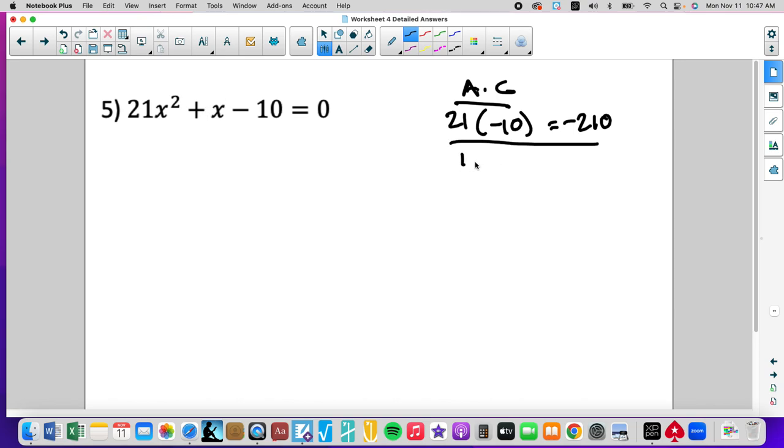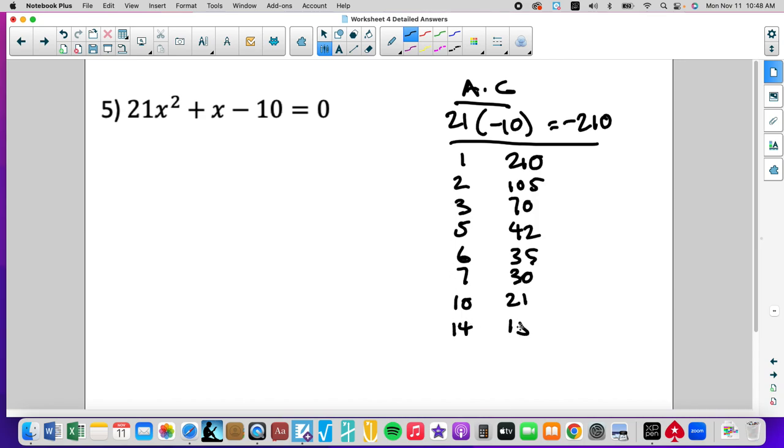So the factors are going to be a lot. 1 and 210, 2 and 105, 3 and 70, 4 no, 5 yes, 6 and 35, 7 yes, 7 and 30, 8 no, 9 no, 10 yes, 10 and 21, 11 no, 12 no, 13 no, 14 yes, 14 and 15, hey.